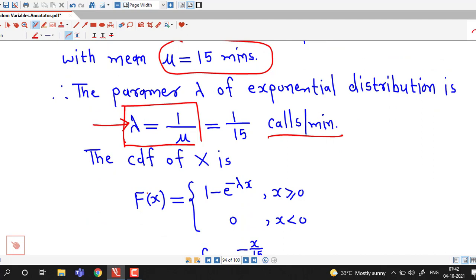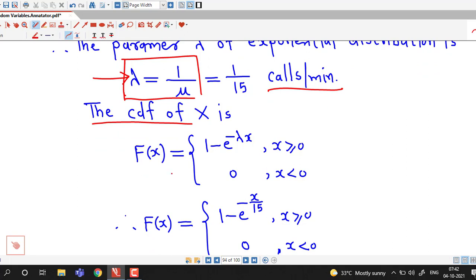Because we now have the value of lambda, we can write the cumulative distribution function of the exponential random variable. This is the formula for the CDF: F(x) equal to 1 minus e raised to minus lambda x for non-negative values of x and 0 for negative values of x.